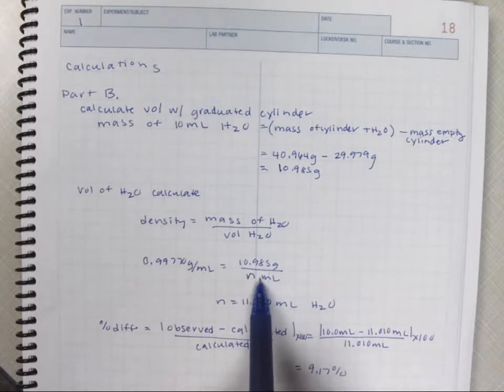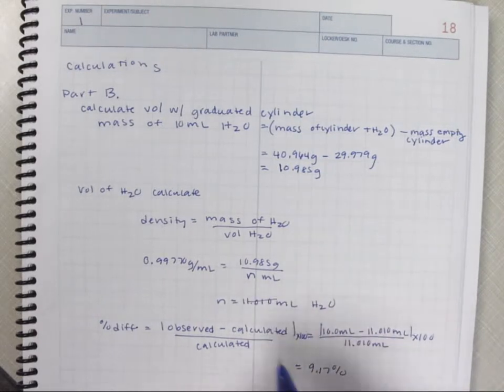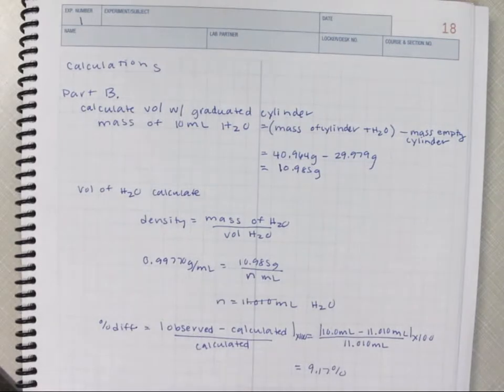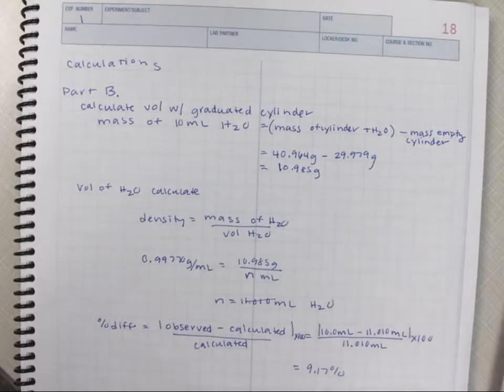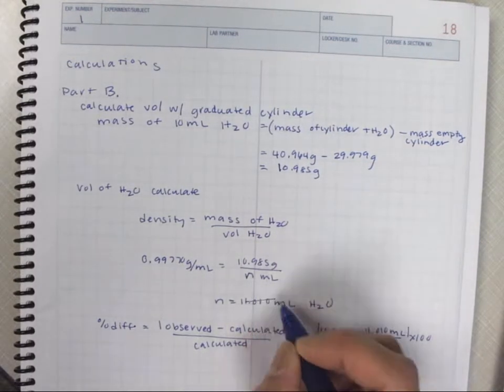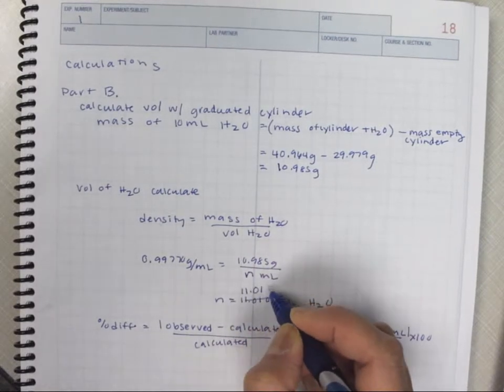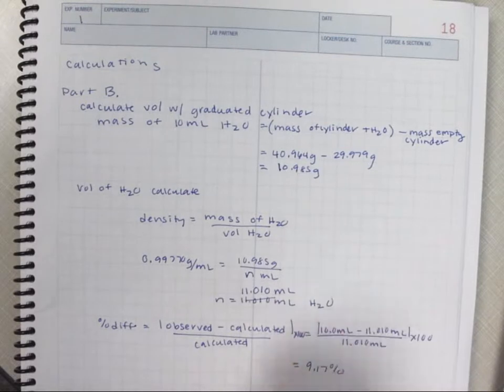So you would end up multiplying this over to here, and then it would be 10.985 divided by 0.99770. Oh, that's still the same. I did do that right. But here, if you notice, there's 5 significant figures, so my value should have 5 significant figures. So the volume here will be in mils, and that's the water.